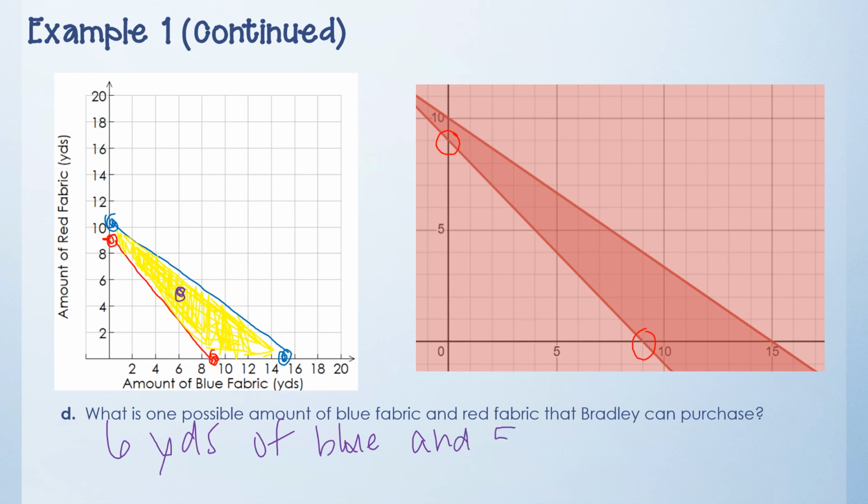And both of these lines are solid lines, so you could also pick anywhere on the actual line, and that would be a solution as well for how much fabric he could purchase.